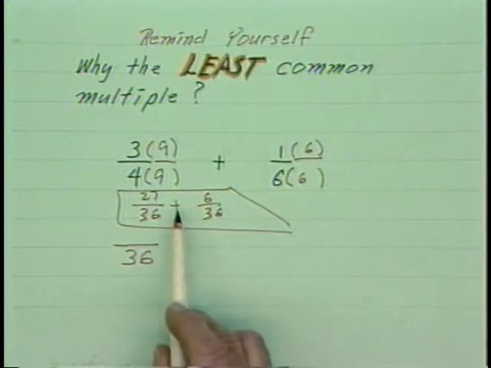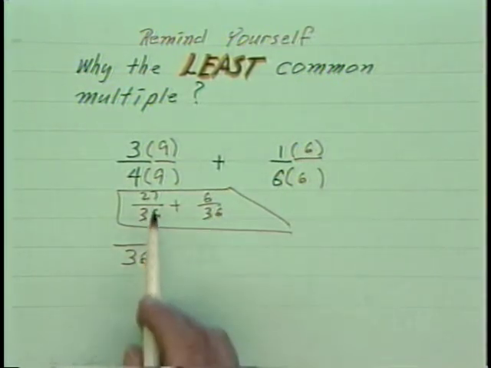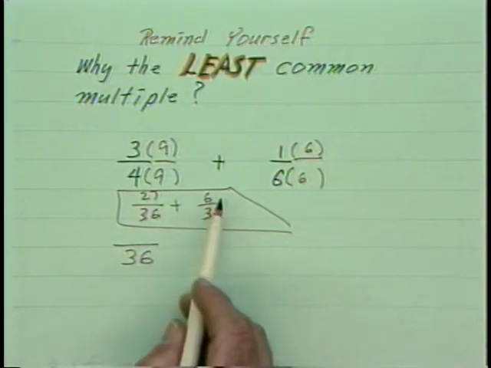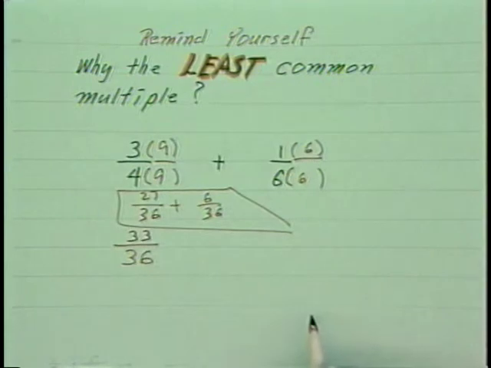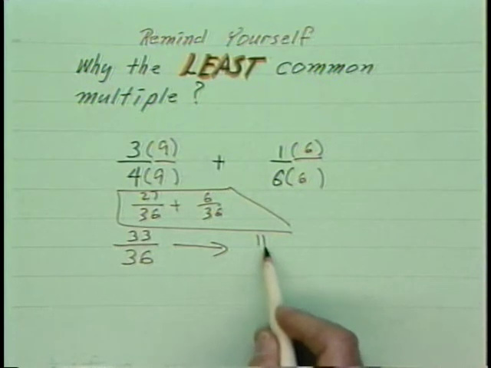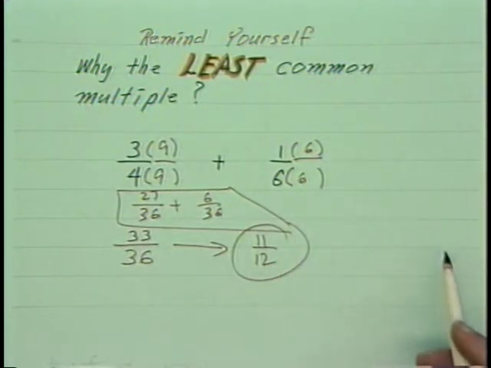So since they have common denominators, I certainly have permission to add. So 27 plus 6 is 33. And that is reducible. I can divide top and bottom by 3, and I get the same answer I had previously.